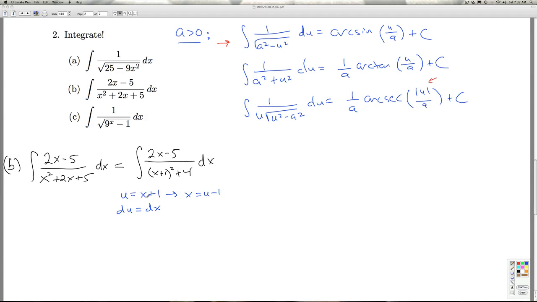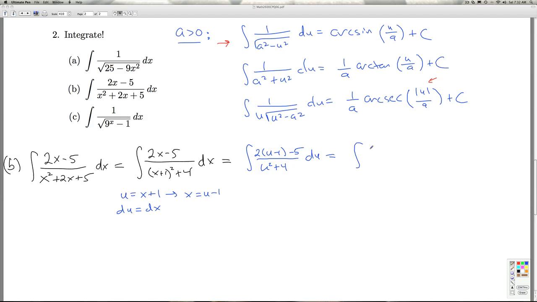So the substitution u is x plus 1 is going to make the denominator u squared plus 4. The dx and du are the same, and the numerator now is 2x minus 5. That's 2 times u minus 1, minus 5.